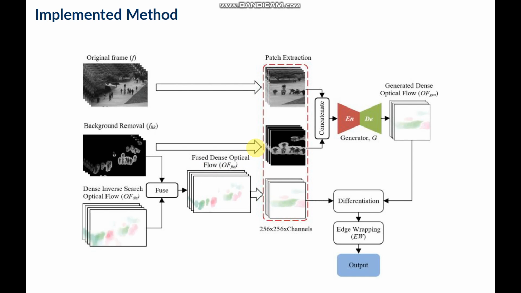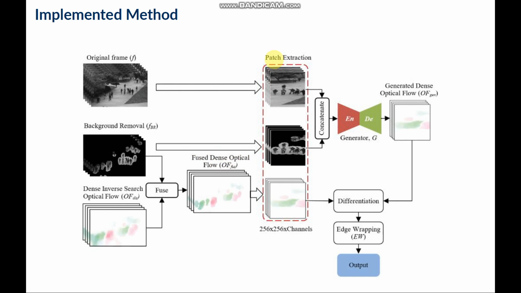This slide shows the implemented method, which is the Deep Spatio-Temporal Translation Network, or DSTN, published in IEEE Access. There are several frames used for feature collection in this framework: the original frame, the background removal frame, and the dense inverse search optical flow frame. At first, the background removal frame and the DIS optical flow frame are fused into the fused optical flow.